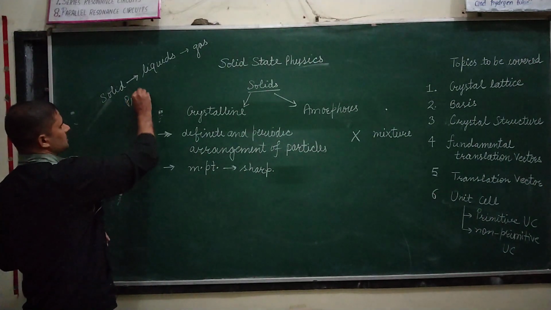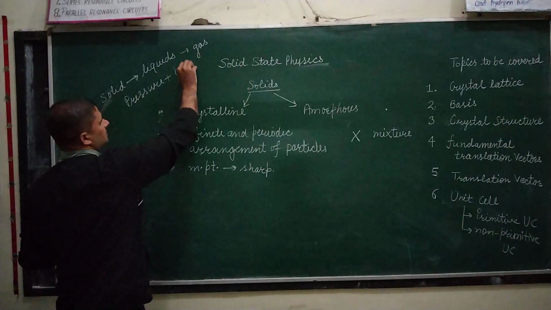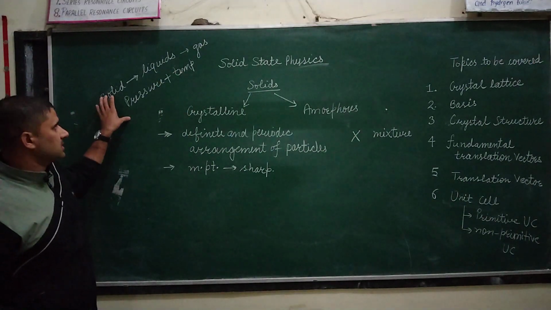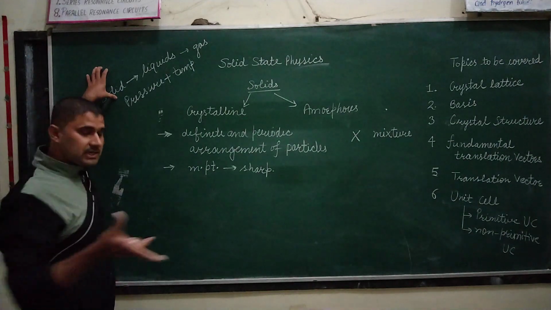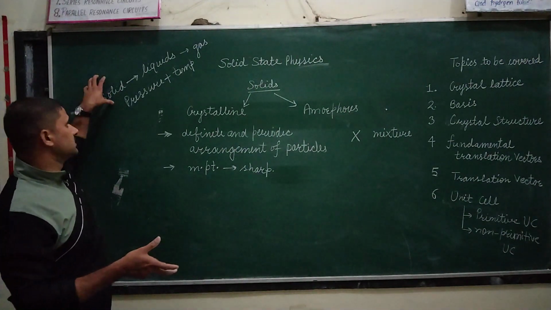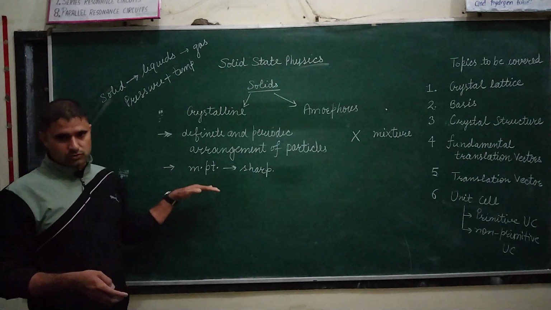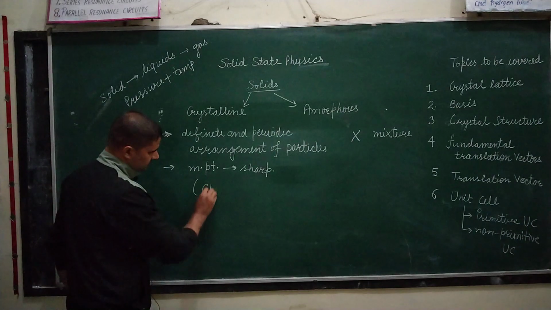One is pressure and another is temperature. So if we assume the pressure is constant and we raise the temperature, or we give heat energy to the solid, then that energy will break the bonds, and bonds here are of equal strength.